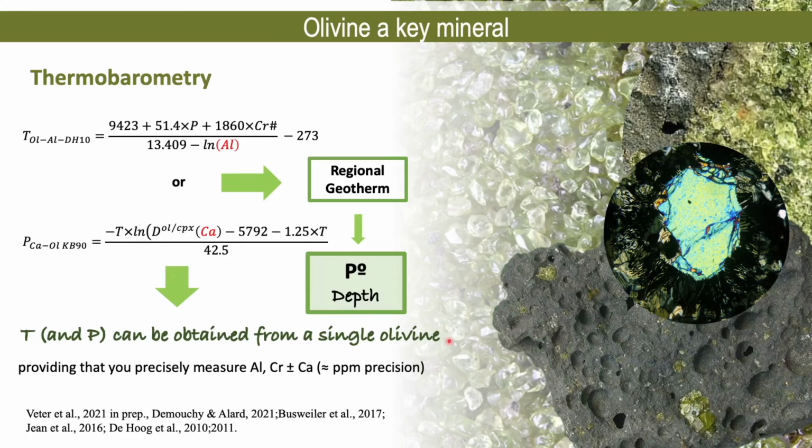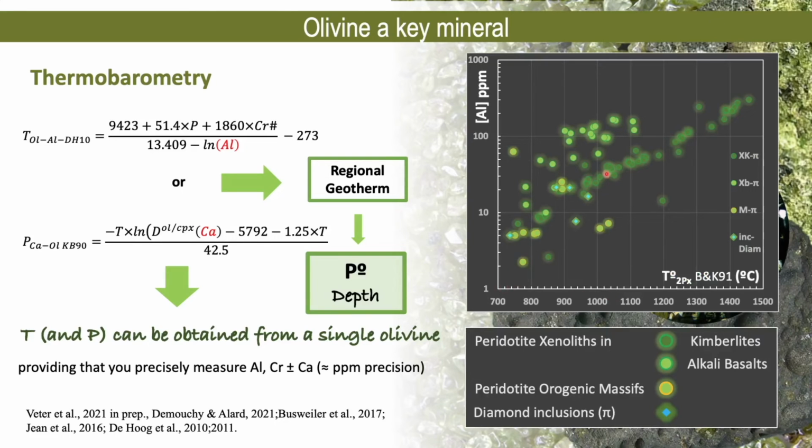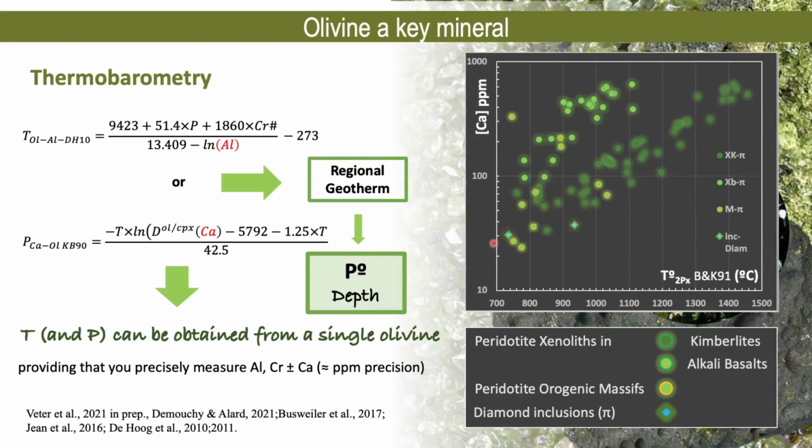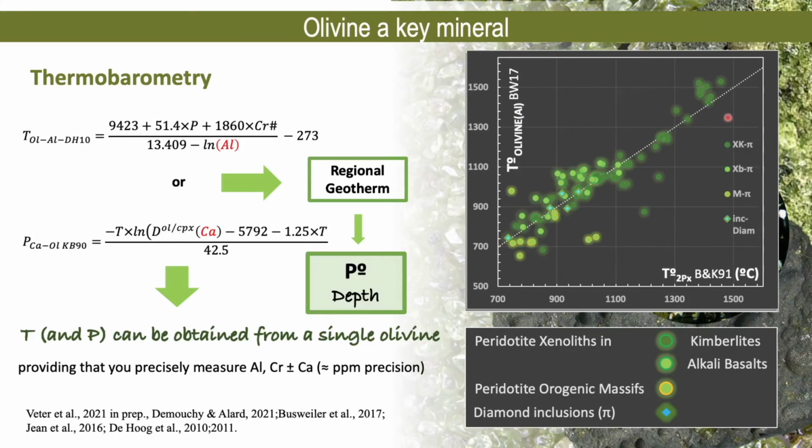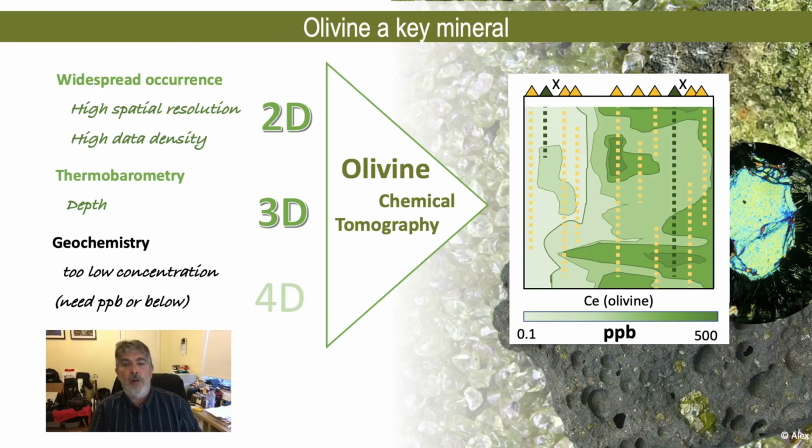As you can see here, the correspondence between the classic 2-pyroxene thermometer and the content of aluminium or of calcium in olivine is quite good, and so is the fit between olivine and pyroxene temperature. So, what are we missing to use olivine as a powerful key mineral indicator?